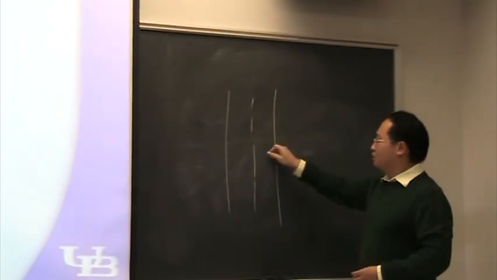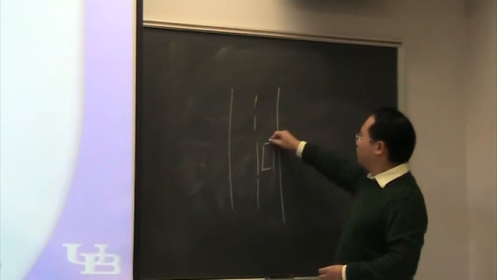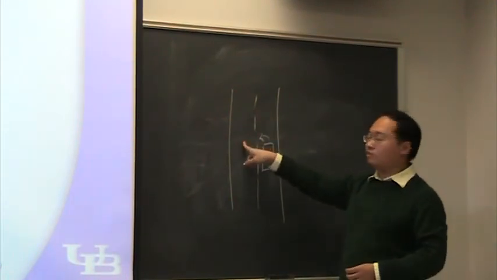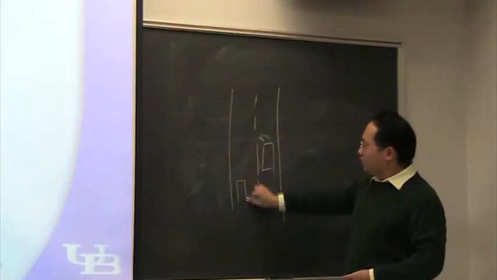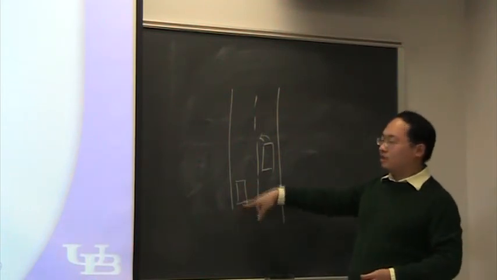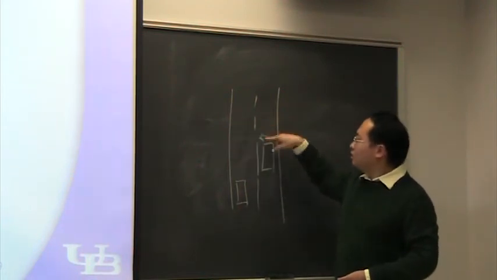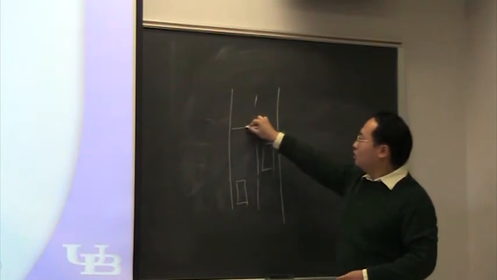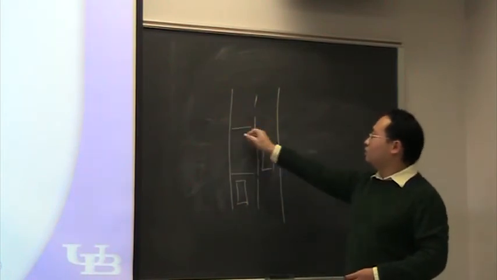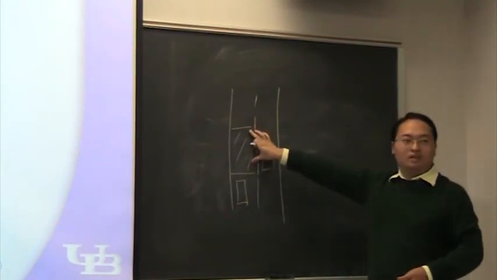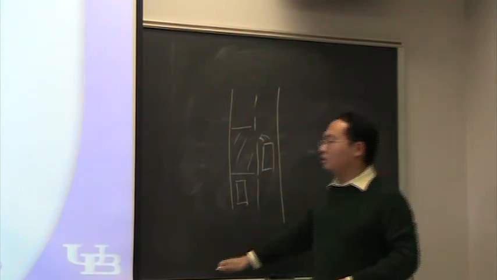So 2 lanes, and this vehicle wants to switch left. And here is a vehicle in that lane, and this vehicle will not change to the left until this gap is long enough. So this is in the lane changing model.